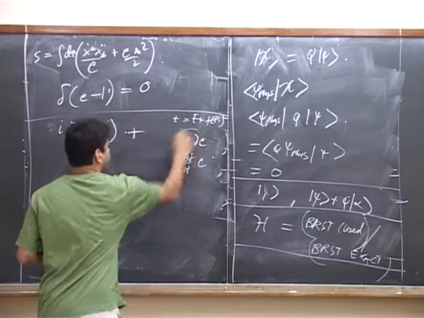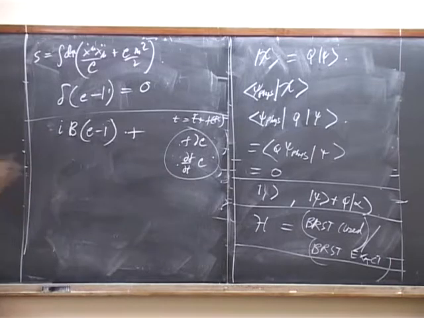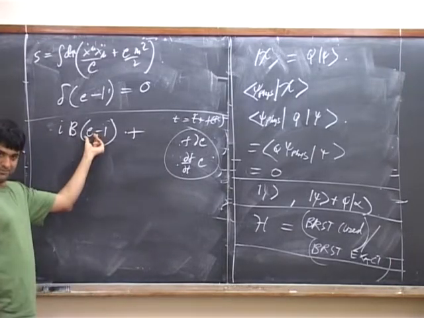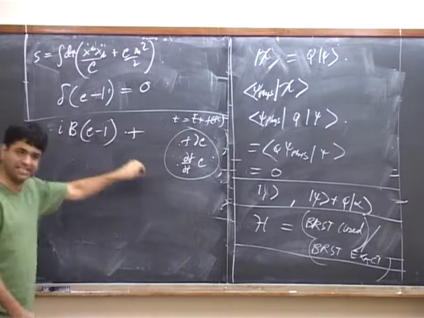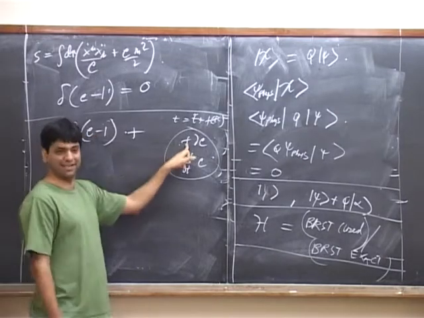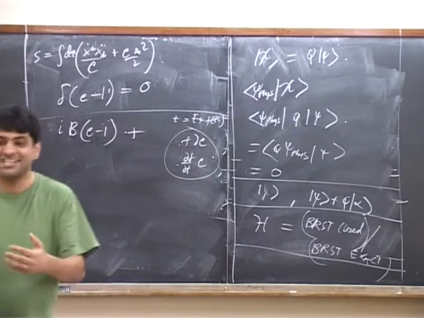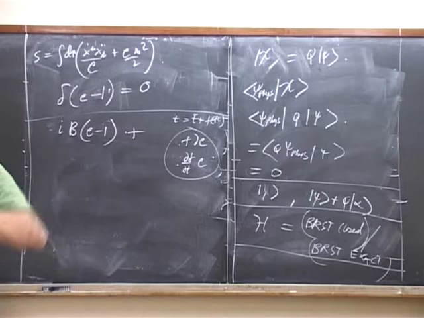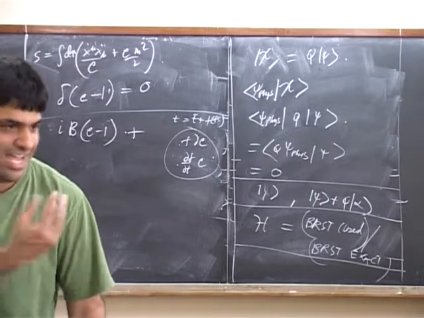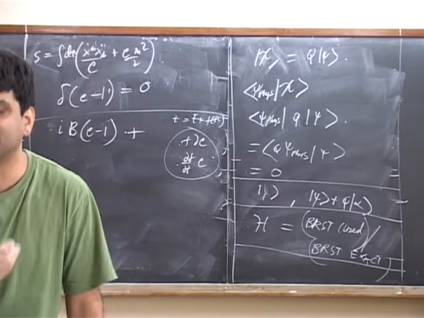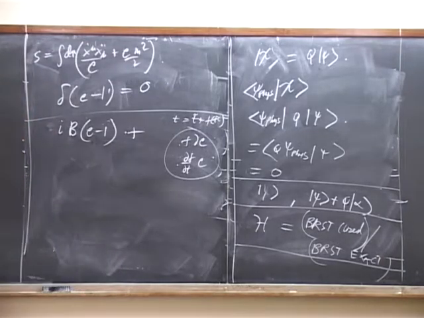Now, what we want to do is to look at the variation of this quantity and multiply by a B field and a C field. The C field was this f, the infinitesimal parameter that labels our infinitesimal symmetry transformation.